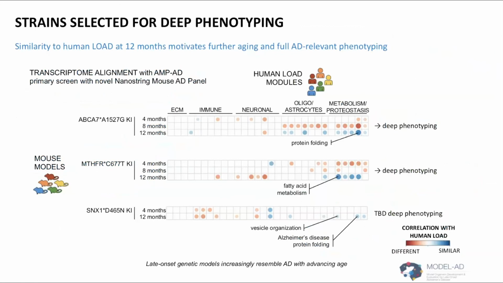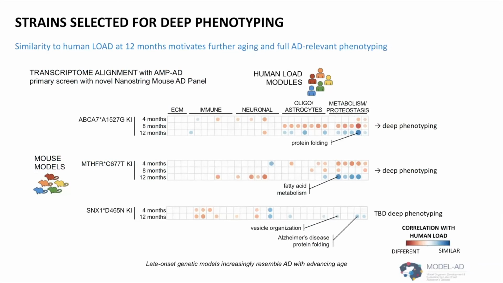And so there's a lot of data that goes behind this slide that I don't have time to talk about. But essentially, what's done in AMP-AD is to identify modules of genes and then annotate those genes that reflect changes between controls and AD patients. And so three sets of modules would be considered relevant to extracellular matrix and immune, and neuronal and oligo/astrocytes, and metabolism/proteostasis.